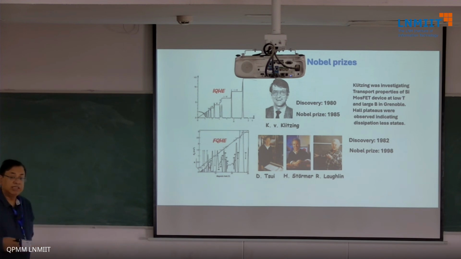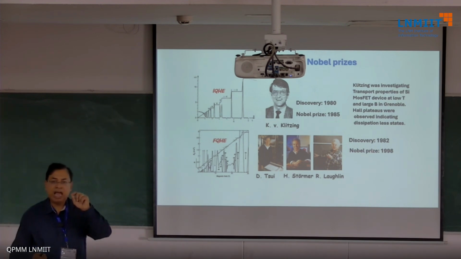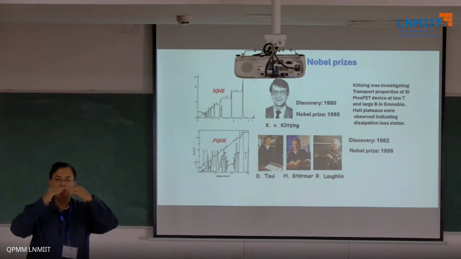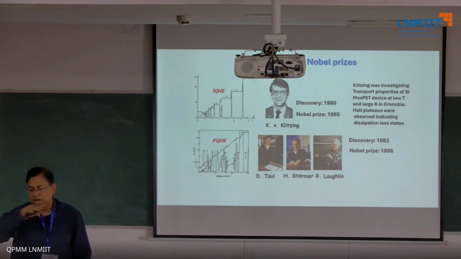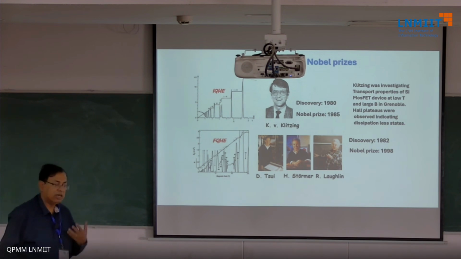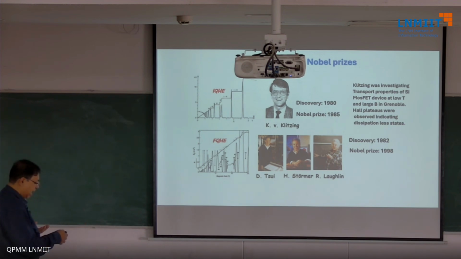So if you make the samples cleaner and cleaner, and that's what happened between 80 and 82, when they had gotten cleaner samples, then you see that there are gaps that open up inside the Landau band as well, and if the chemical potential happens to be in that gap, you actually get a plateau at some fractional value.